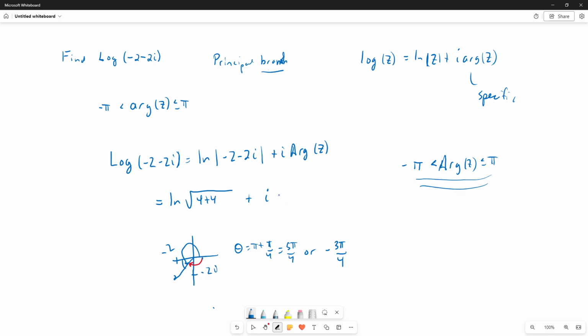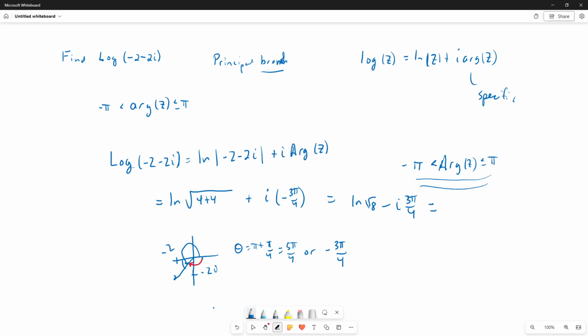So the principal argument is negative 3 pi over 4, and so our principal value of the logarithm of negative 2 minus 2i is the natural log of the square root of 8 minus i times 3 pi over 4.